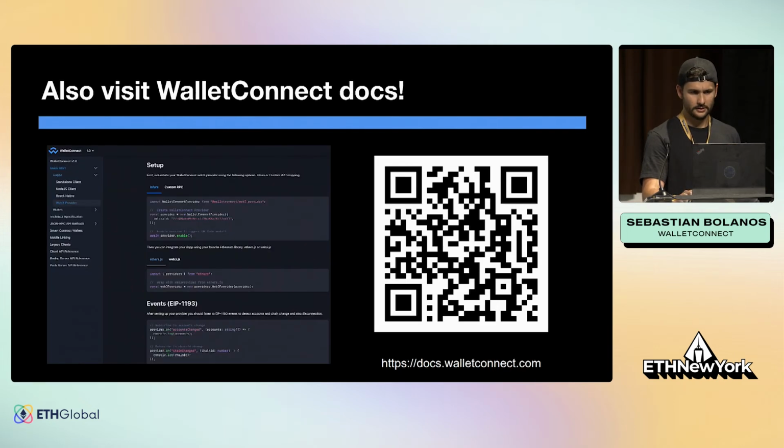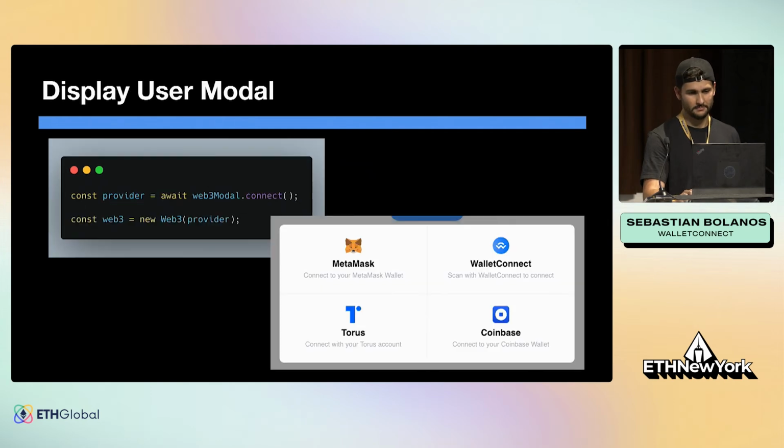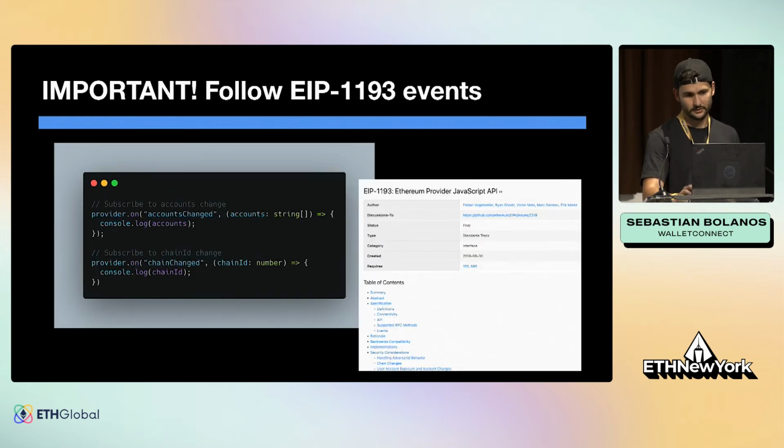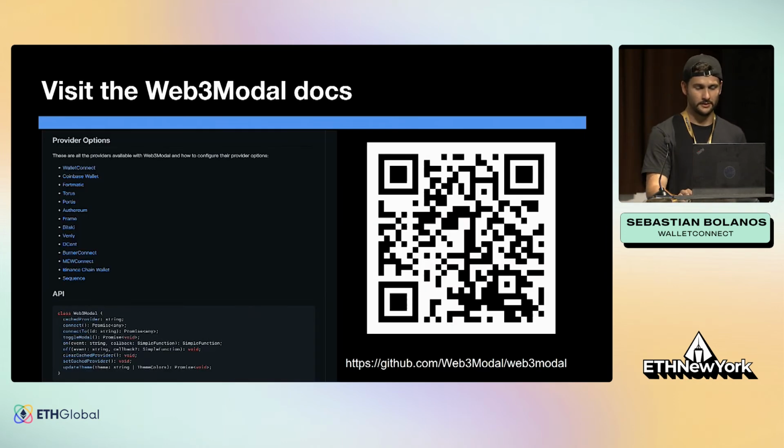So yeah, it's a very quick demo. I'll just go back because this is probably the most important part: the events accountsChanged and chainChanged, and the disconnect. You want to make sure that you don't leave cache there that affects your dApp during your hackathon. I'll just leave it at docs and that's it.